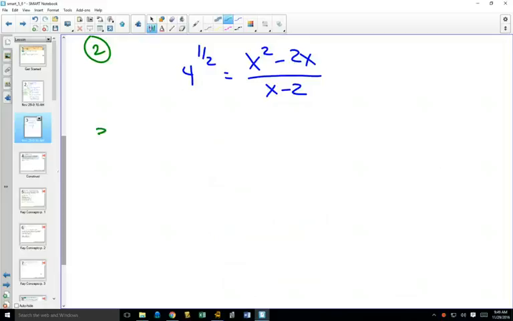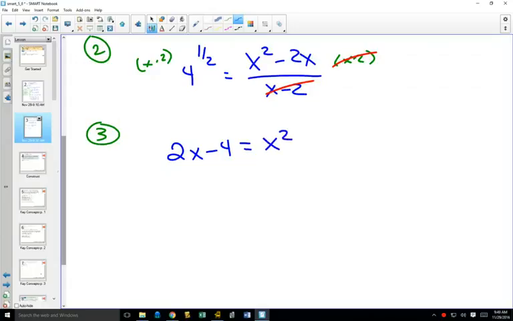So starting step 3 for solving, there's the route where you multiply both sides by x minus 2 to get rid of the rational equation. 4 to the 1/2 is 2, so on this side you're going to get 2x minus 4. On this side you're going to get x squared minus 2x.